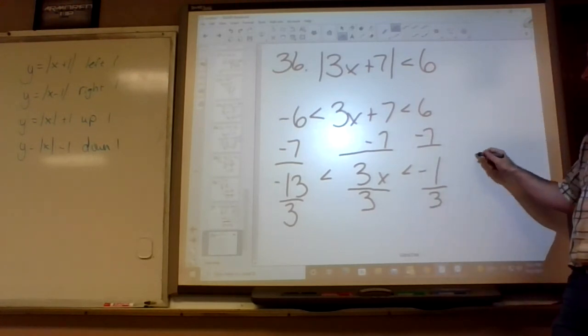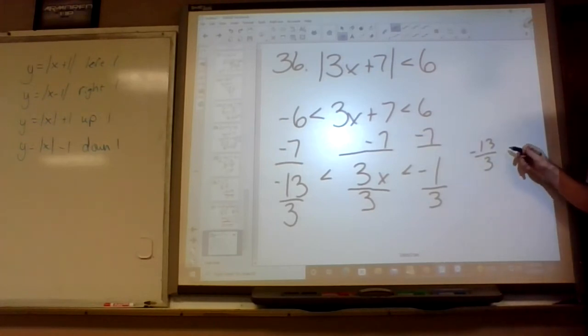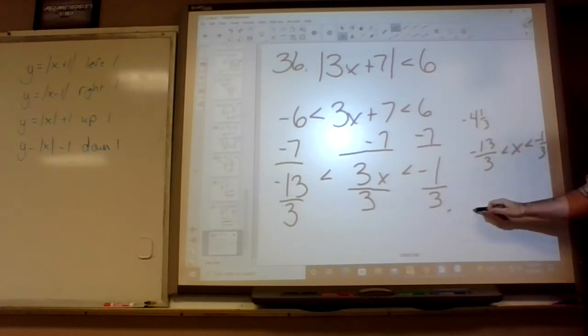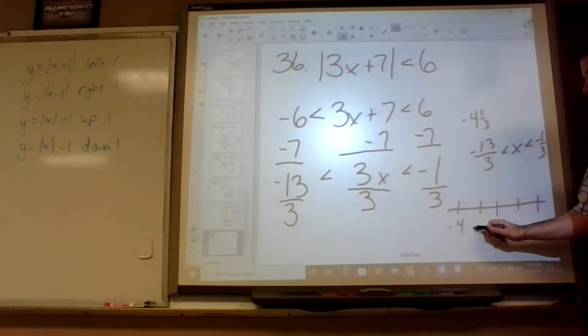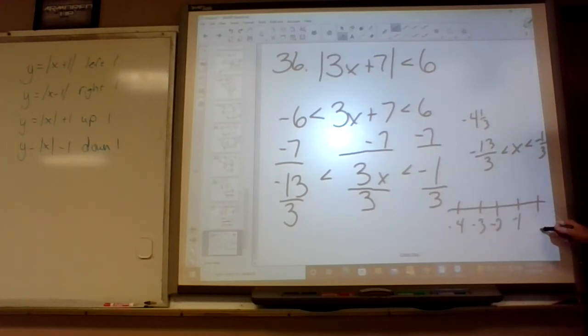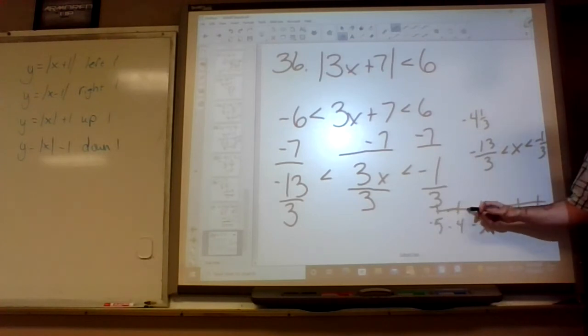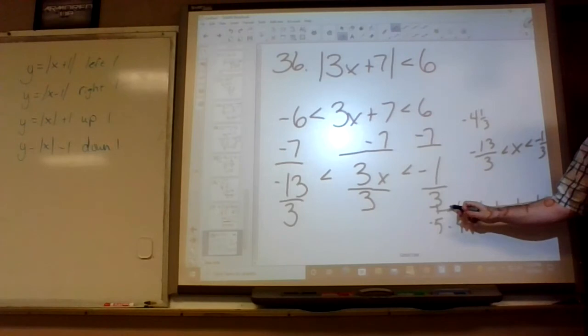Smart board's not having a smart day. So basically that's the answer. Negative 13/3 is less than x, is less than negative 1/3. 13/3, 3 goes into 13 4 times. So if I had to graph that, negative 4 and 1/3 is 1/3 of the way to negative 5.